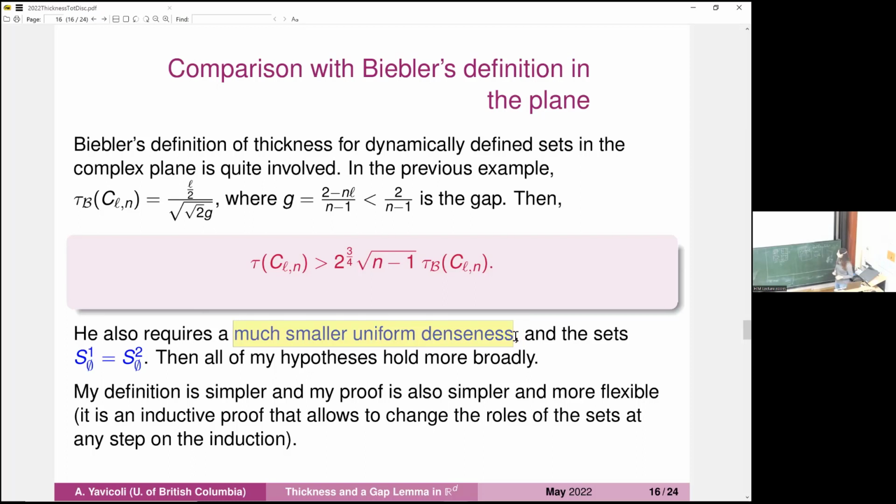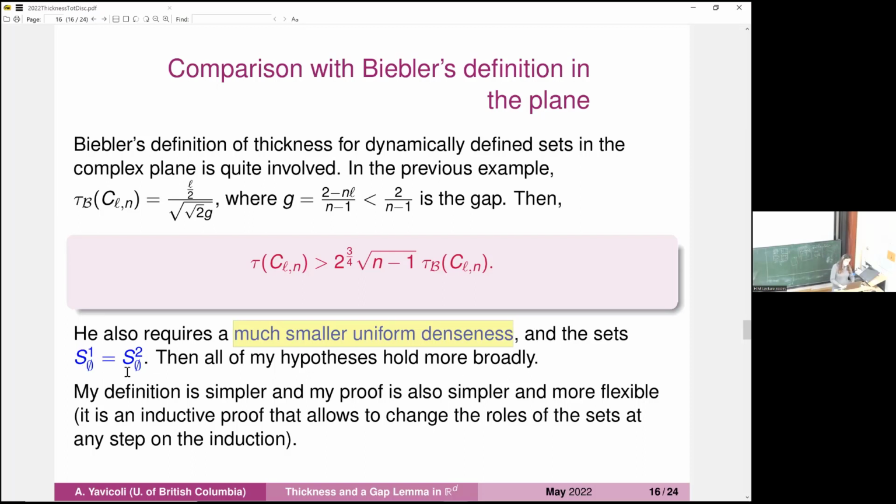That's maybe a problem, because it means that if you are in a certain cube, and you take a very, very small cube compared to this size, you necessarily need to have a child there. So this is a worse condition, because you need to have children everywhere. This is super dense. So my hypotheses are better.